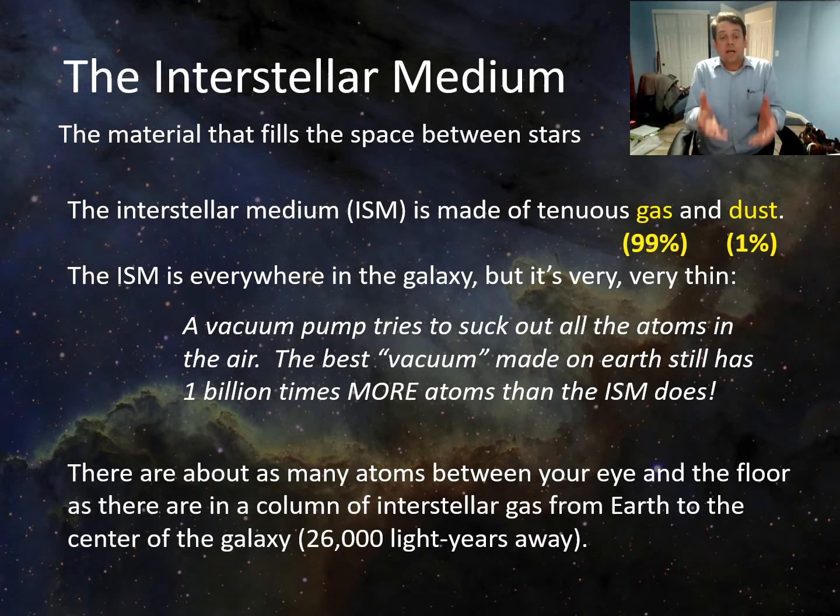The best vacuum that we can make so far has about 1 billion times more atoms than the interstellar medium. So if you go into the best equipped lab in the world with the highest quality vacuum, you're still going to have 1 billion times more atoms in that essential nothingness than you have in the nothingness of interstellar space.